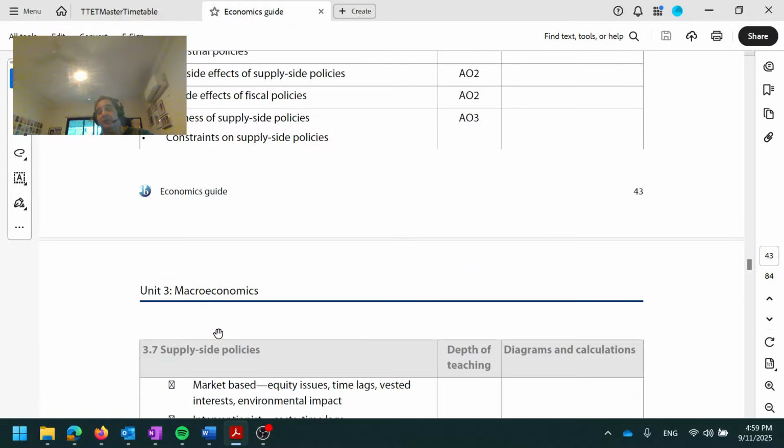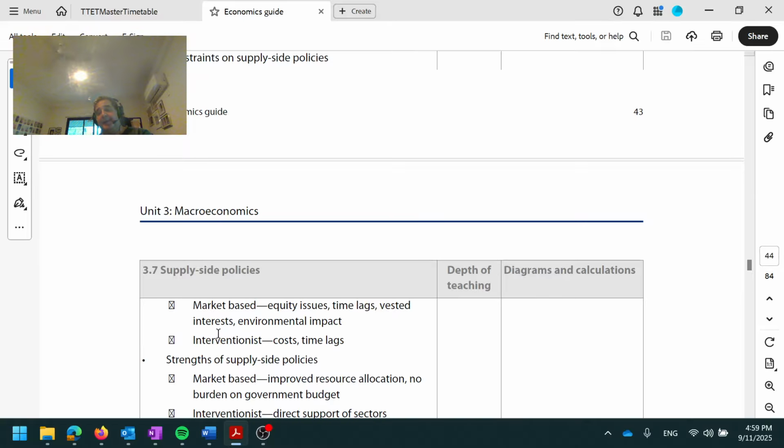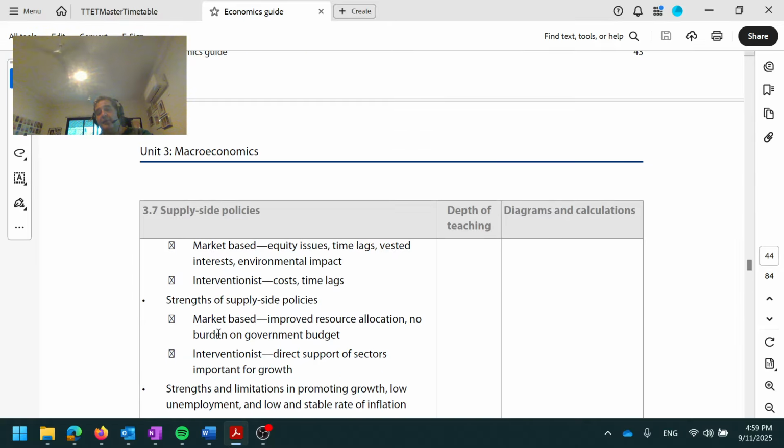How effective are supply side policies? The usual market-based ones have equity issues, time lags, they might not work straight away, and vested interests, so sometimes the supply side policies are angled towards particular industrial groups. There's also the problem it might have on the environment, which could lead to destruction of the environment, or dirty rivers or dirty oceans.